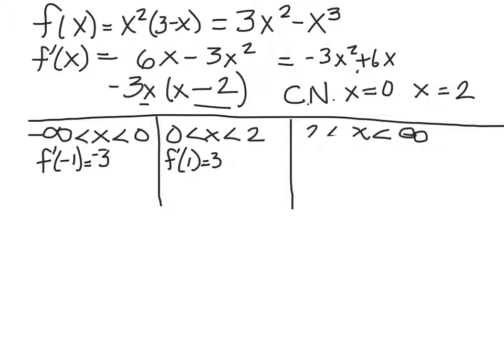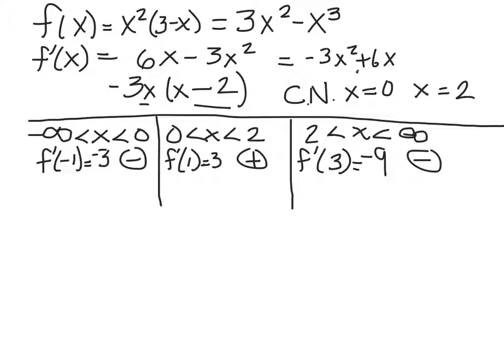Oh boy, now I've got to fix all this mess. The derivative at +3, I get -9. So I have a negative sign, a positive sign, and a negative sign. So that means this is decreasing, increasing, and then decreasing again.